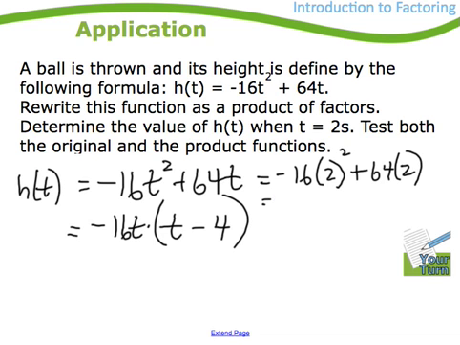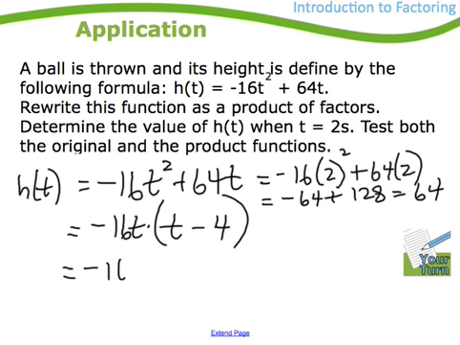I'm just going to squeeze this in here. 2 squared is 4. 4 times minus 16 is minus 64. 64 times 2 is 128. Minus 64 plus 128 is a positive 64. Okay, now if I've factored correctly, I better get the same number. Let's just continue down here.